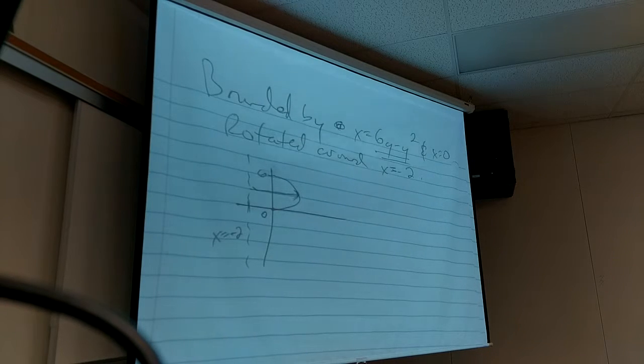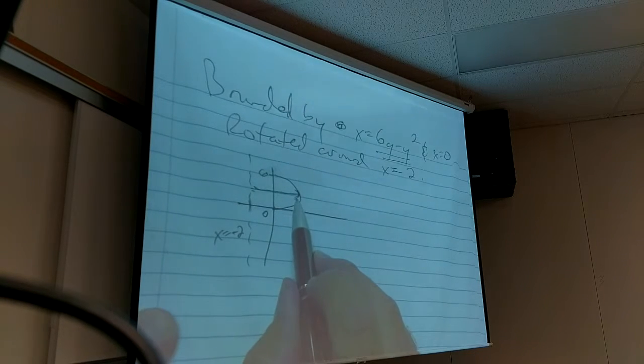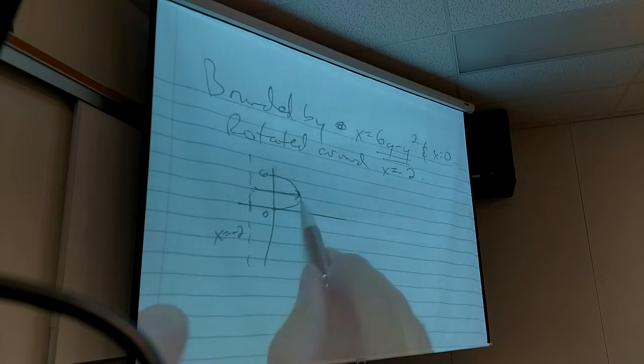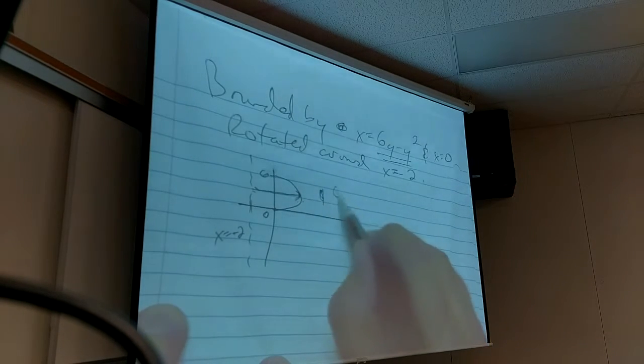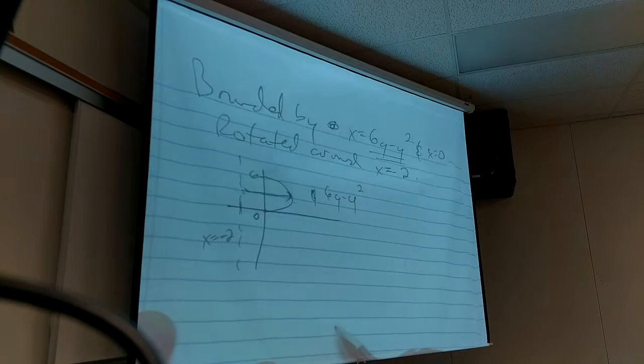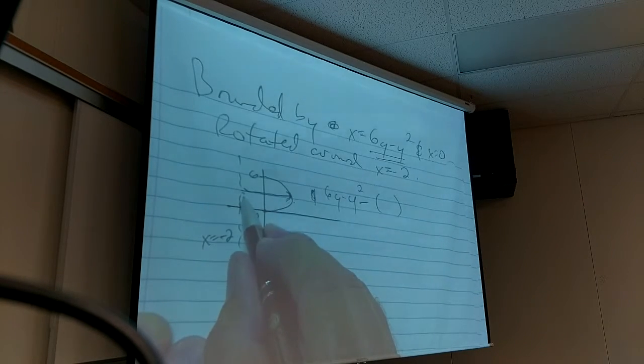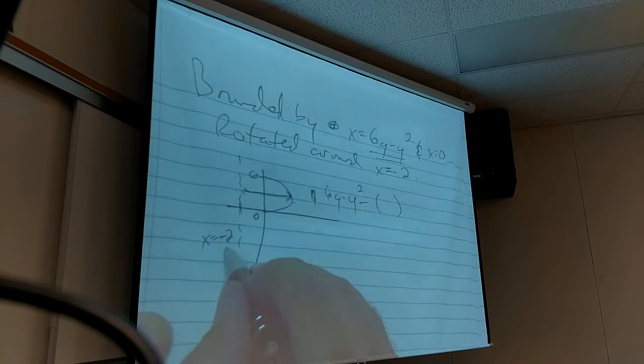So watch how this is not a problem. What if I just drew the radius, right? What's the upper part of that? The bigger part is going to be 6y minus y squared, right? That's where it ends, minus where does it begin? -2.